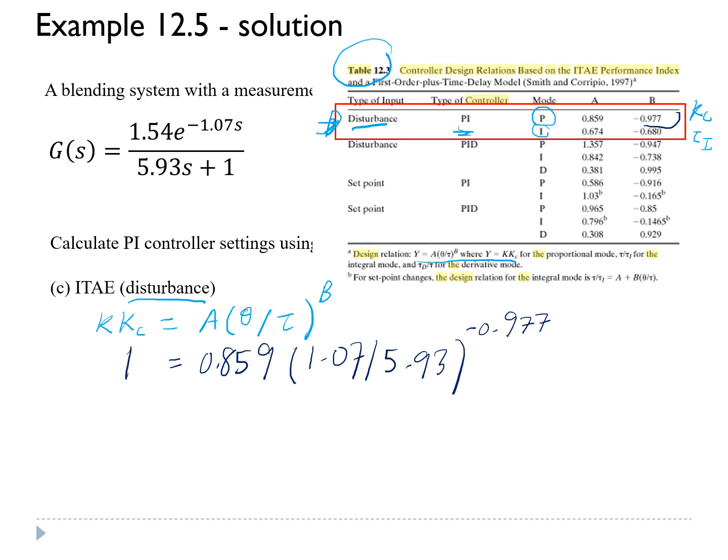And to calculate Kc, we bring K over here, so multiply by 1 over K. Your K equal to 1.54, which gives you the value of Kc, which is equal to 2.97.